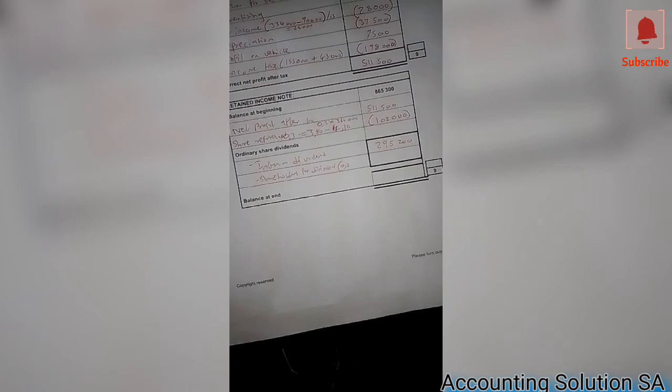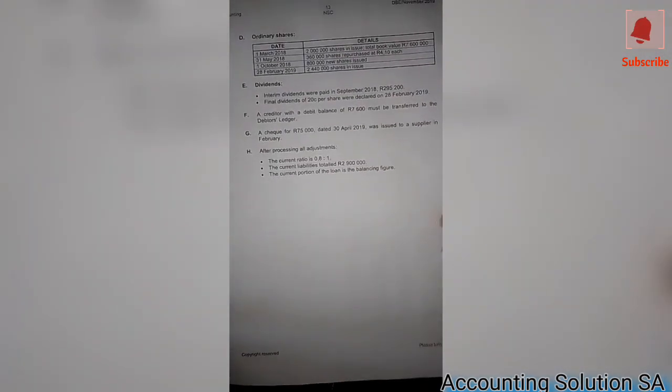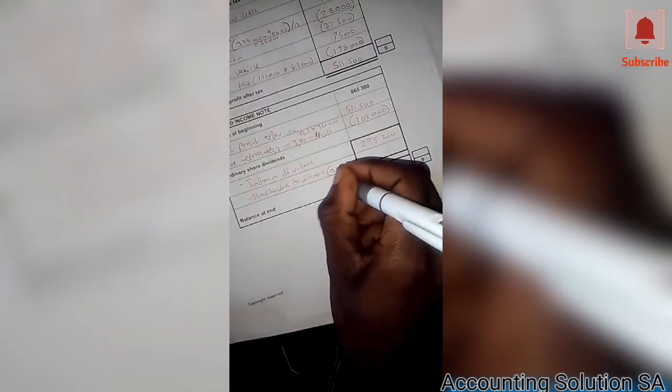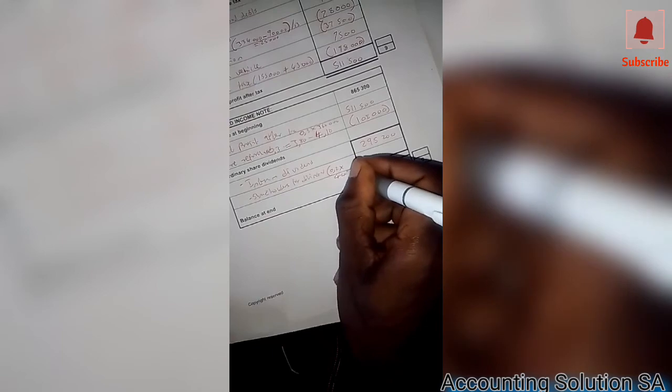So which shares are we going to use? Remember, we check how many shares we have on the date of declaration. If you check, they declared on 28 February 2019, and on 28 February 2019 the shares in issue were 2.4 million. We have to multiply by 2.4 million.